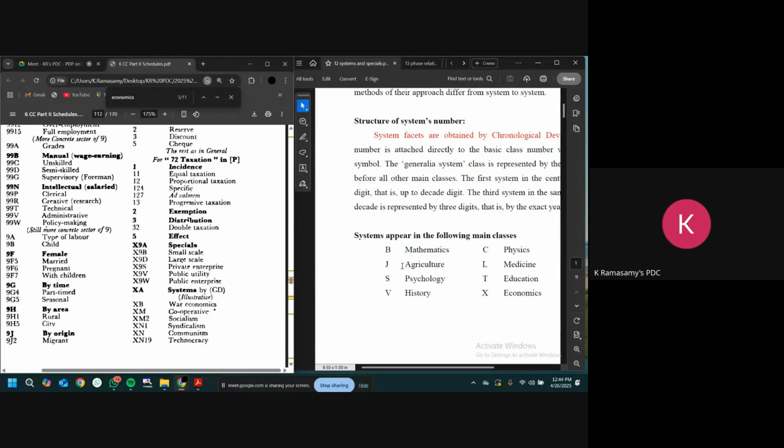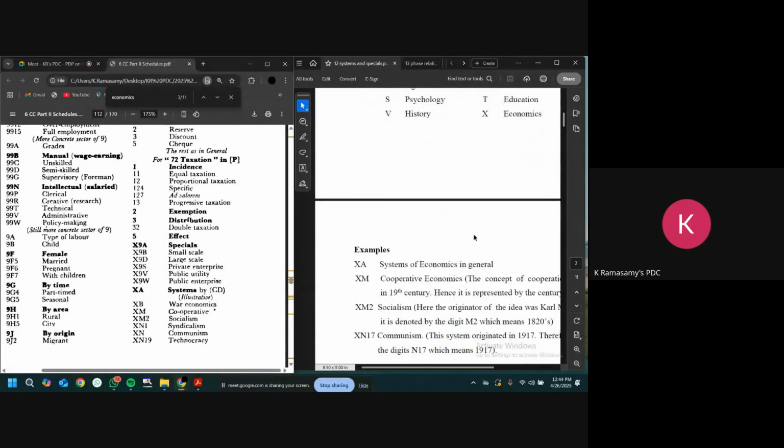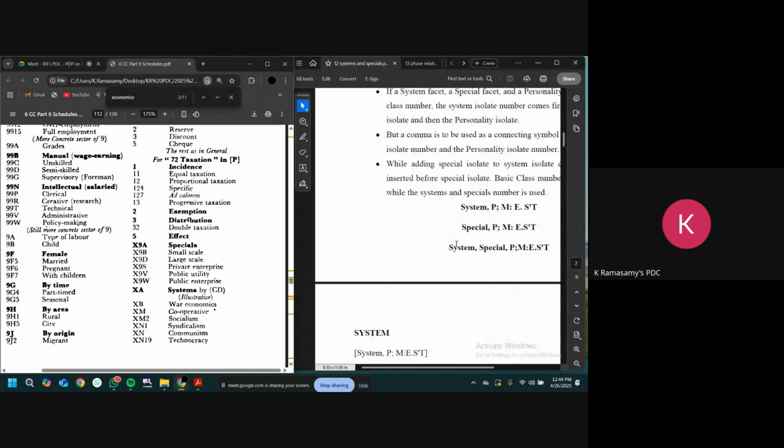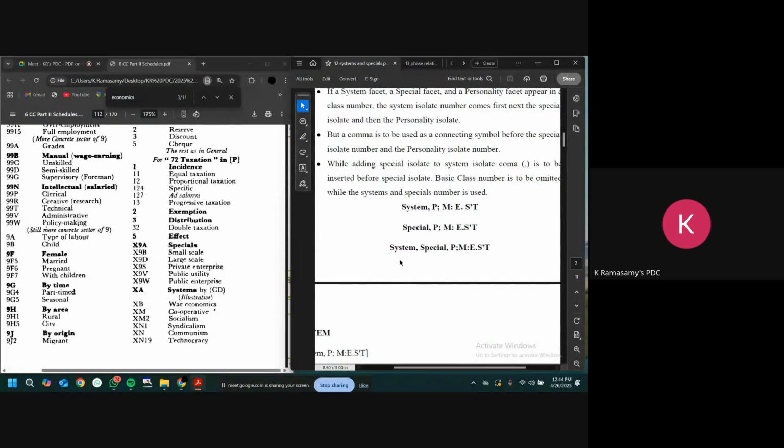Okay, fine. And how to construct the number is very, very simple. Please understand, the formula goes this way. This is the formula you should remember: system, comma, personality, semicolon, matter, colon, energy, dot, space, single inverted comma. So what is the special thing here?